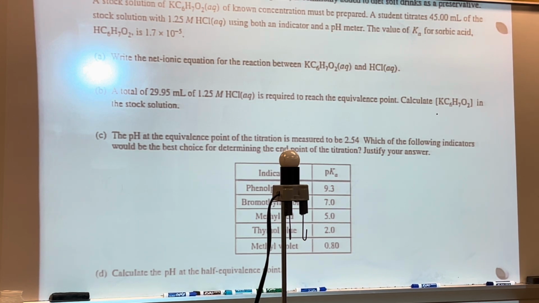So D, without doing anything else, calculate the pH at the half equivalence point. You don't need to know A and B or C in order to do D.